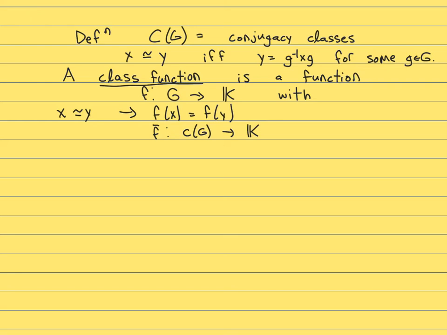So to illustrate what we've learned so far with an example, we'll take the group S3. The conjugacy classes of the symmetric group correspond to integer partitions. As we've seen, there's the conjugacy class corresponding to the identity permutation, the conjugacy class corresponding to 2 cycles. So this is the integer partition 1, 1, 1.